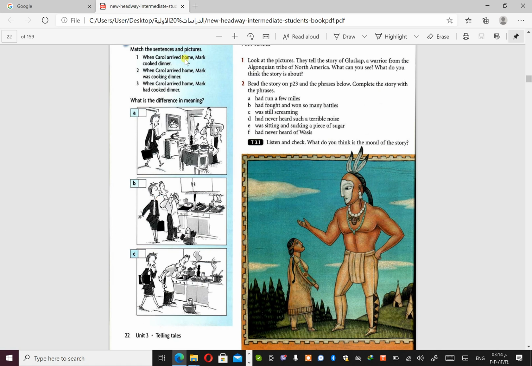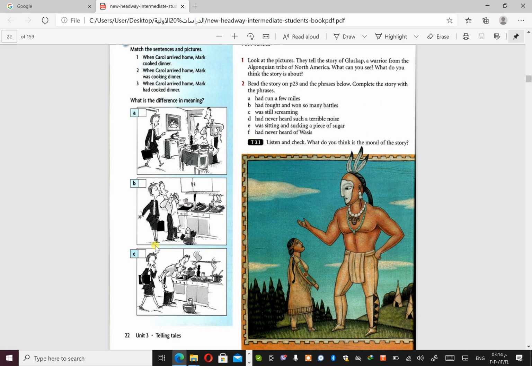Okay, while number 2 here, when Carl arrived home, Mark was cooking. يعني ما معناه مارك هو بدأ بطبخ الطعام, start cooking. okay, وبعدين من اجت كارول شنو قطعت اوكي الاكشن مالته فاجت في منتصف الاكشن فلهذا السبب شنو this picture is fit like picture C, because he started cooking. He already put what he cooked on the stove and he started cooking and she arrived.